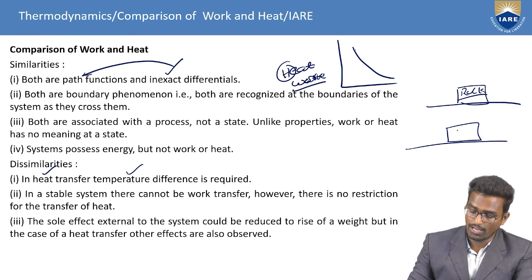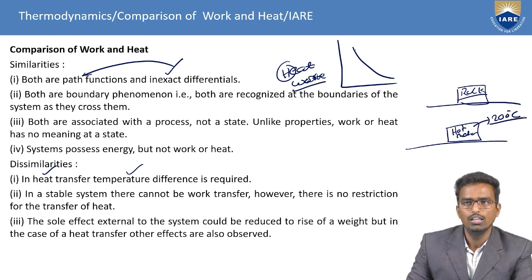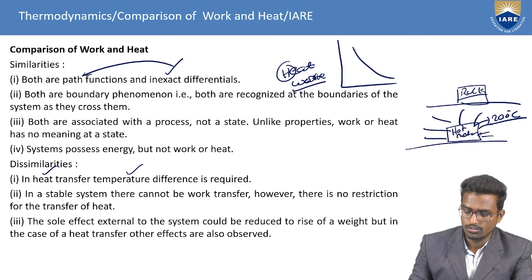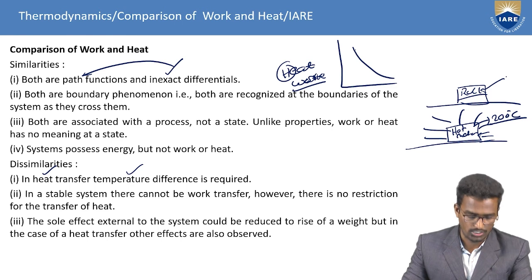Take a hot metal at 200 degrees centigrade and keep it in the atmosphere. Even at rest, it releases heat to the surroundings. So you can expect some heat transfer even at rest, but you cannot expect any work from a system at rest.